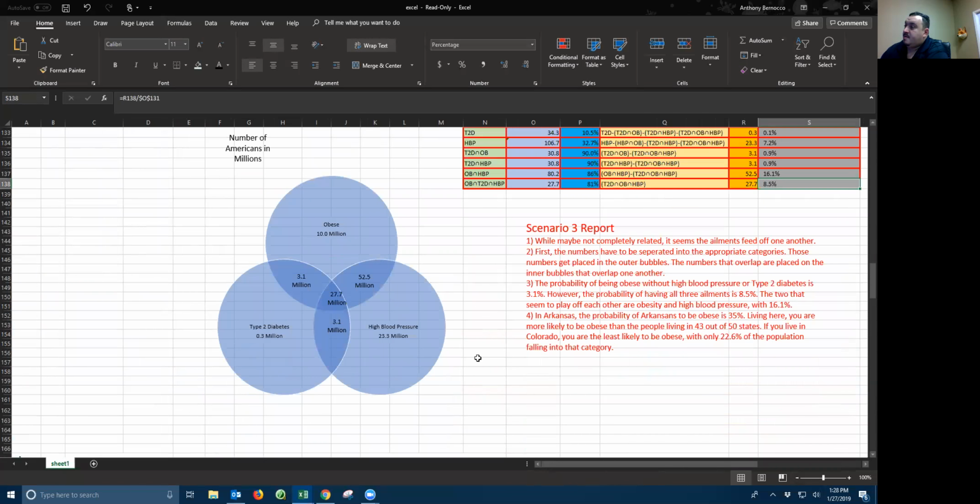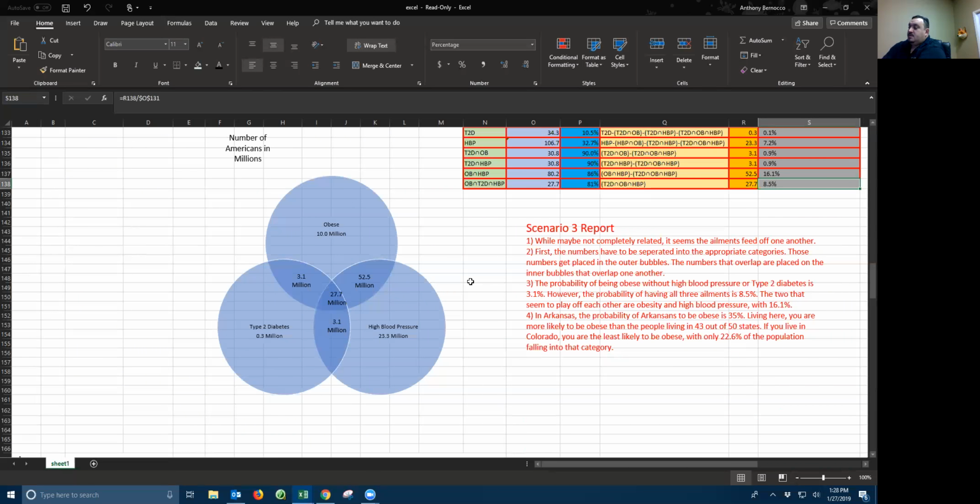Now the numbers of Americans in millions, 10 million Americans are obese. 3.1 million Americans that are obese also have type 2 diabetes. 27.7 million have all three.